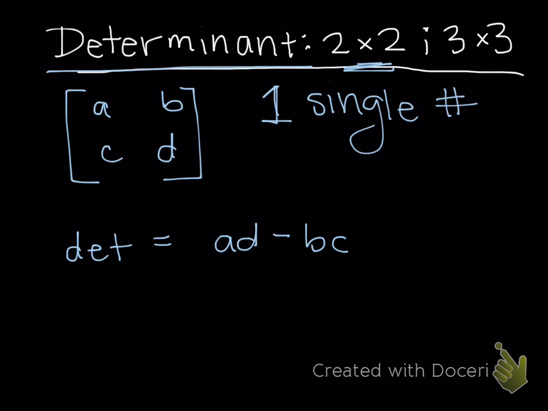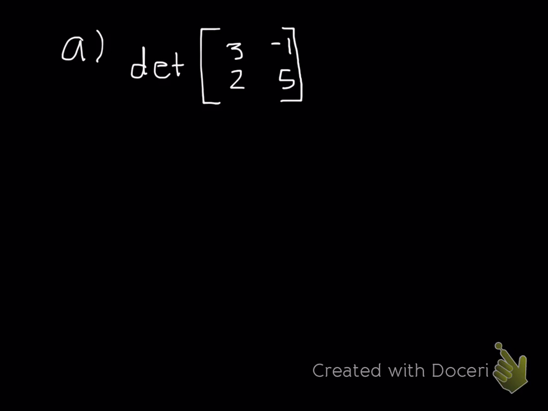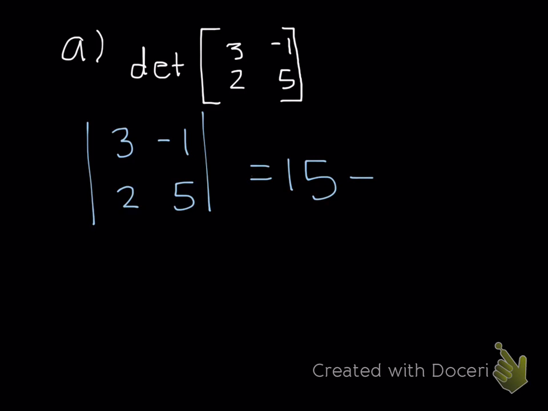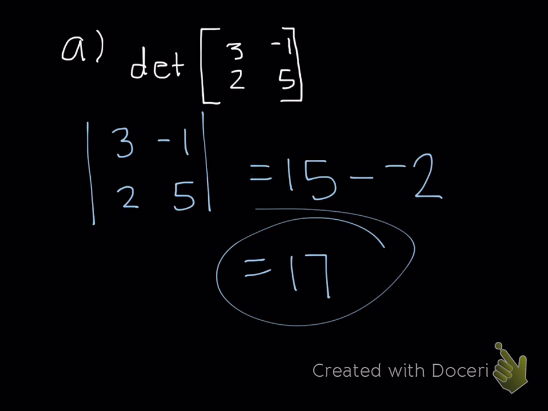So when you find the inverse, it's 1 over that. So we're just going to do, again, example letter A. So to find the determinant, sometimes you'll see this notation. So notice it's just like straight bars. They drop the brackets. So the determinant would be 15 minus the negative 2, which is 17. And that is our determinant.